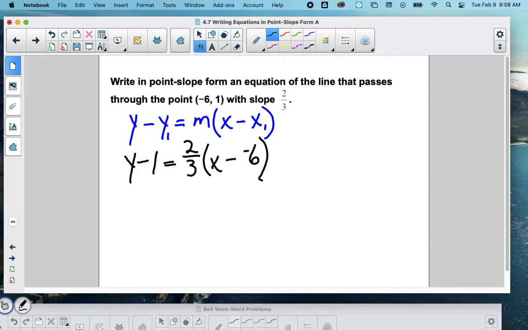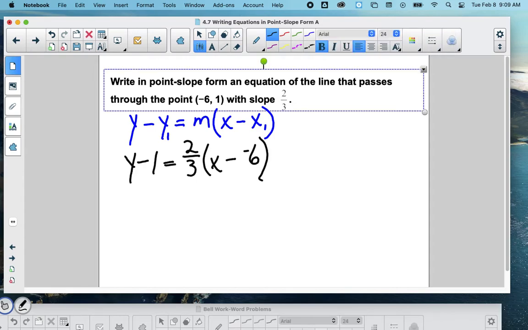Good. Look what you substituted in here and here. Look at your points again. You substituted them in.